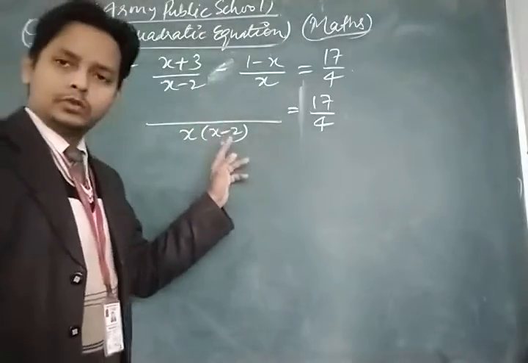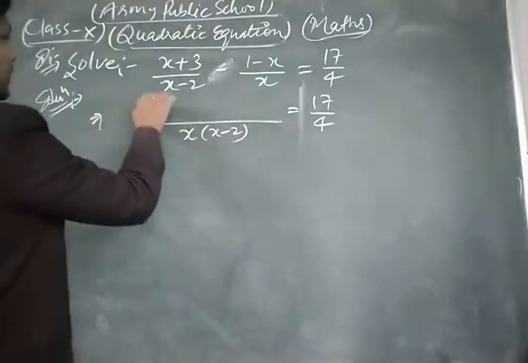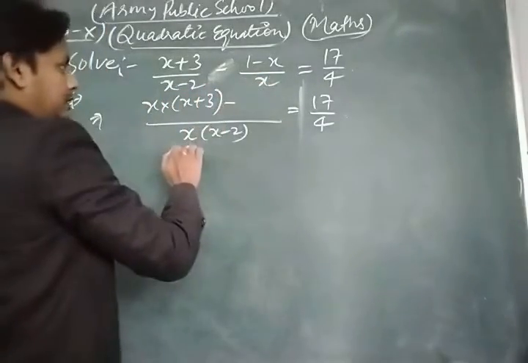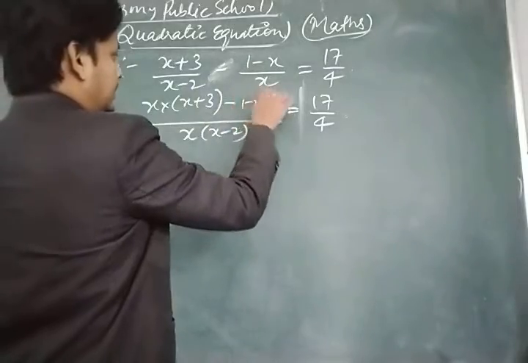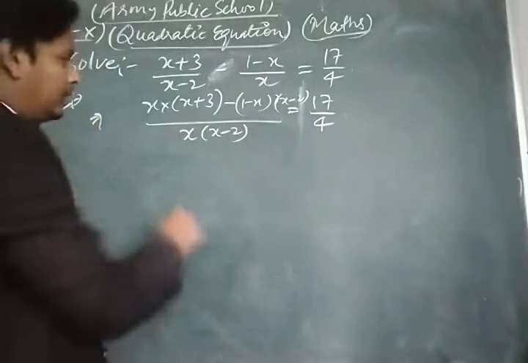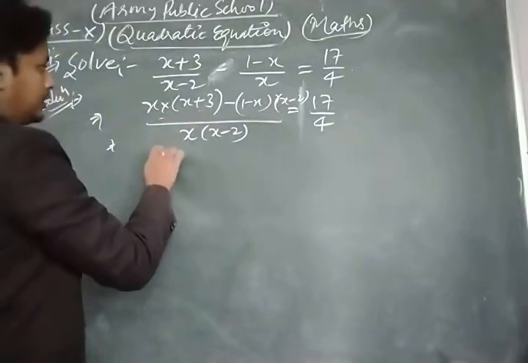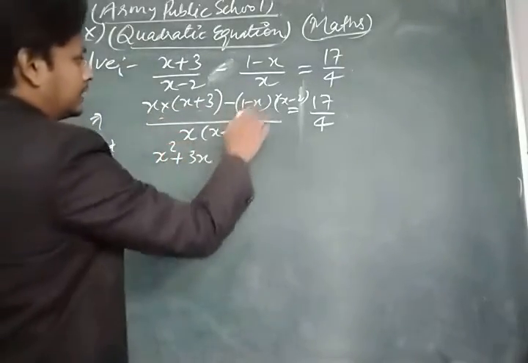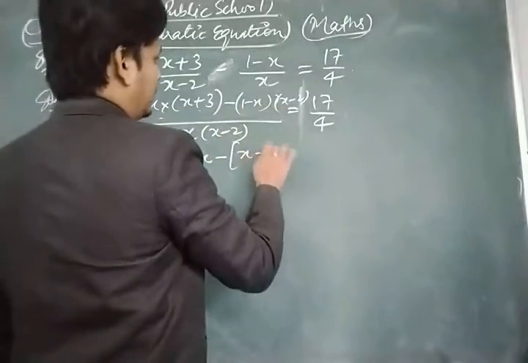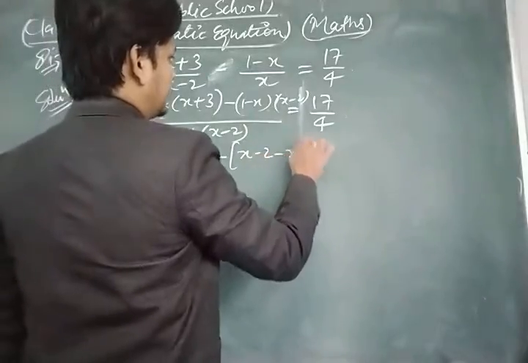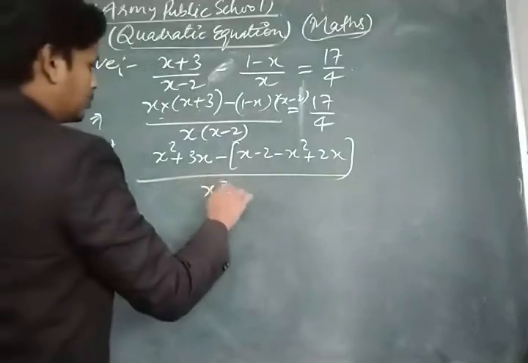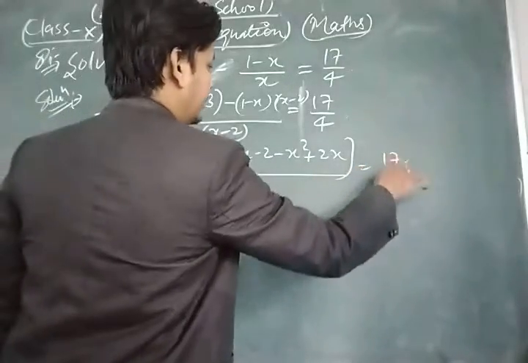Now x minus 2 cancels, so we get x into x plus 3, x is cancelled so this is 1 minus x into x minus 2 is left. Okay, now we do the multiplication. This is x square plus 3x, this is minus, this is 1x minus 2 minus x square plus 2x divided by x square minus 2x is equal to 17 by 4.